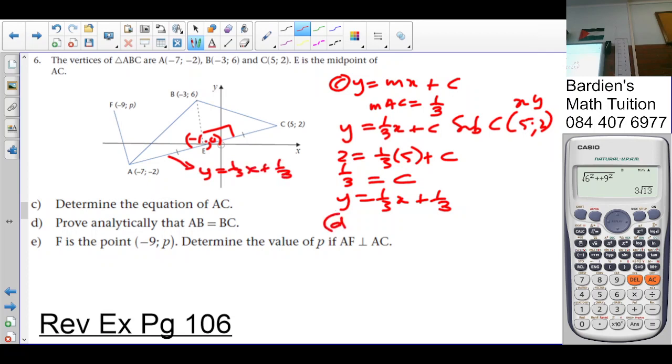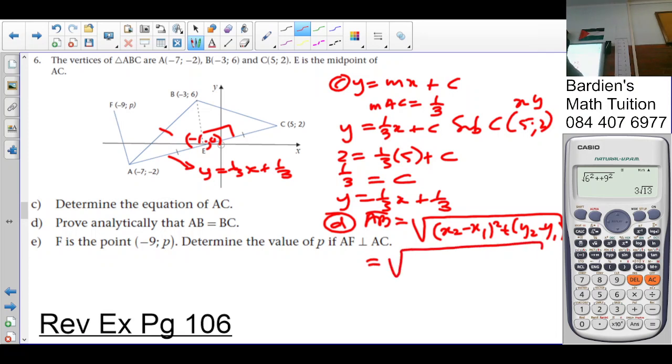In D, the question says, prove analytically that AB is equal to BC. So what do we do there? Distance formula. So AB is equal to the square root of x2 minus x1 squared plus y2 minus y1 squared.